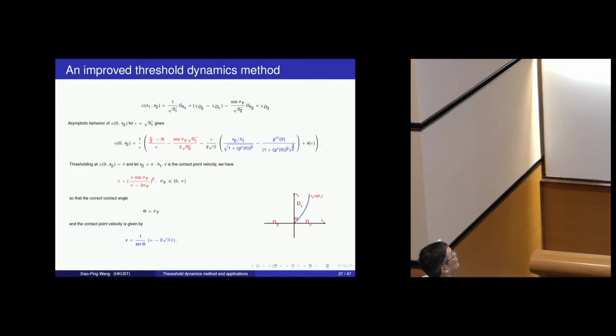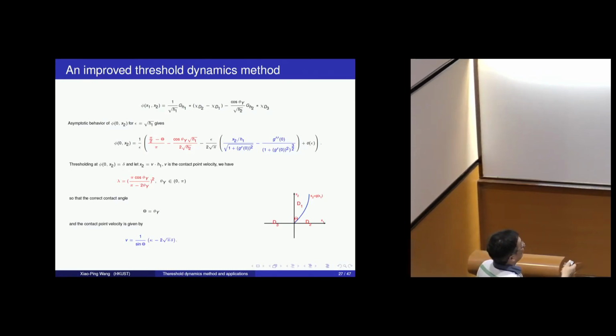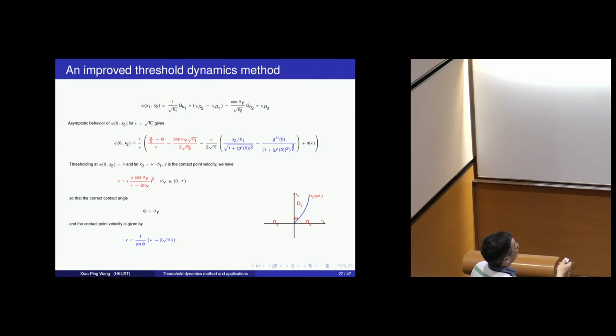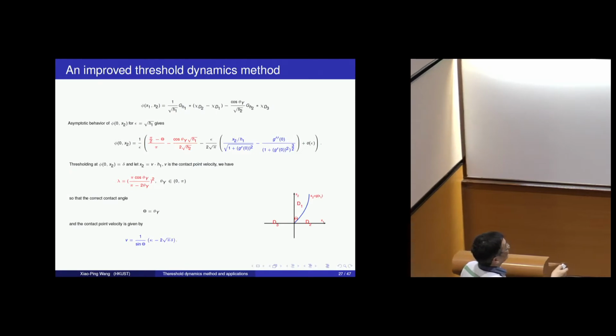In the volume preserving thresholding, you have to choose the correct delta to do the thresholding, and this shows that to balance the two sides, this red part has to be 0, the leading term has to be 0, and the other part also has to be 0.